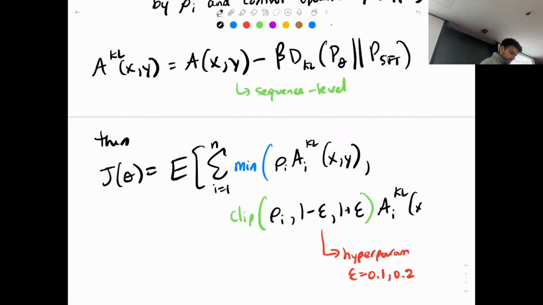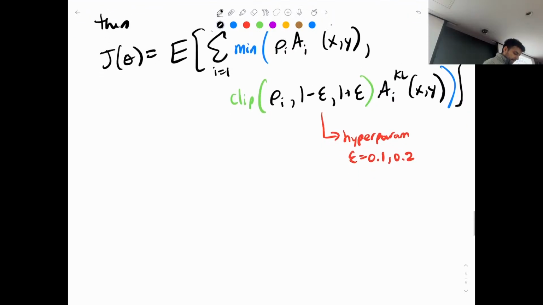And we're going to then weight our advantage with this clipped policy ratio and complete our minimum here. So this looks complicated, but if we break it down, we can start to see what this is actually doing in terms of the updates to our model on particular tokens.